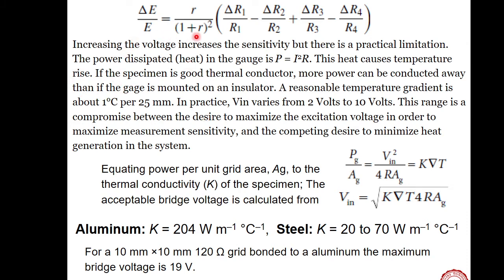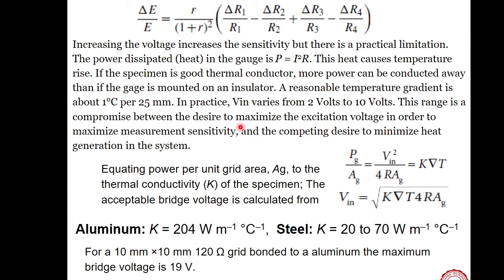Again, we see here, this is the one we have seen earlier. Here another contributing factor is the supply voltage. This change in voltage on the right hand side is multiplied by this E. So, if we enhance this E, our output voltage will be increased. But then there is a limitation.